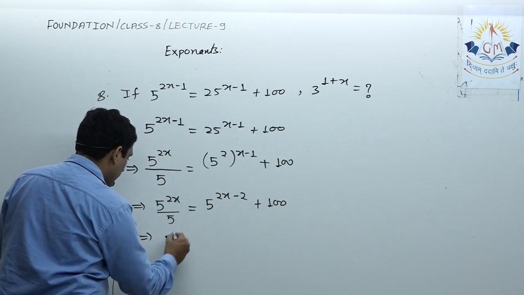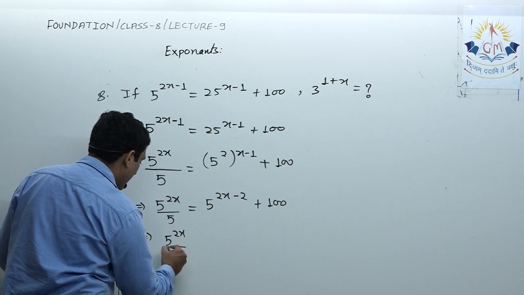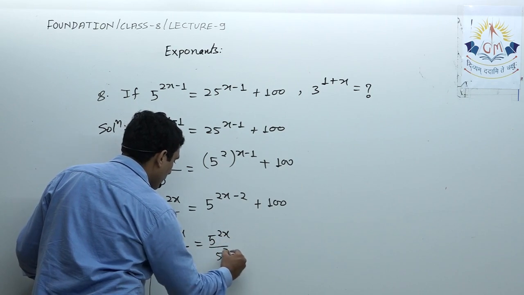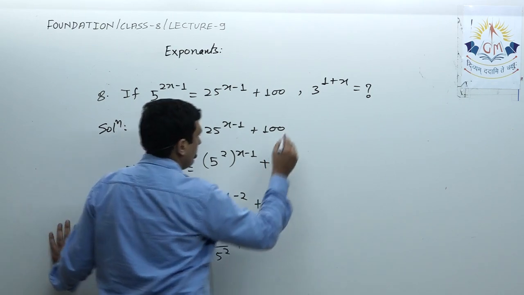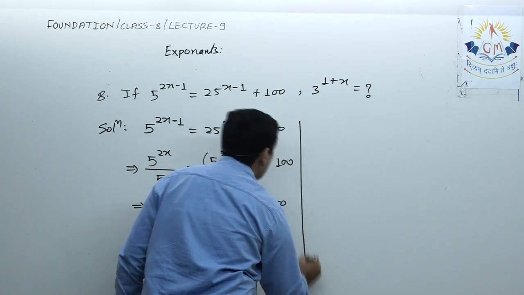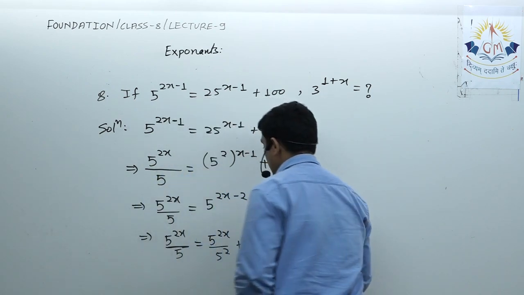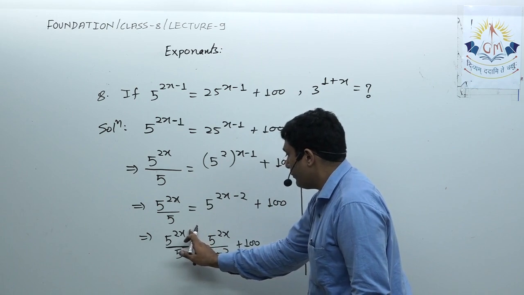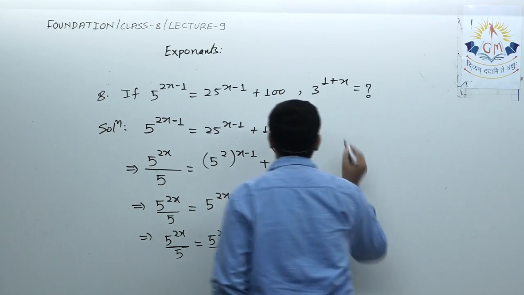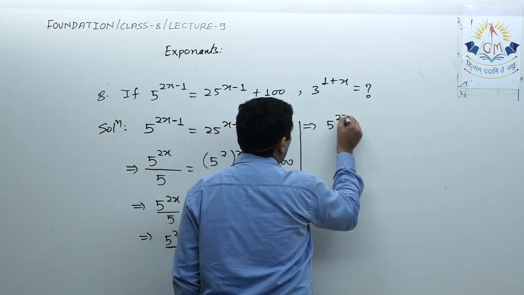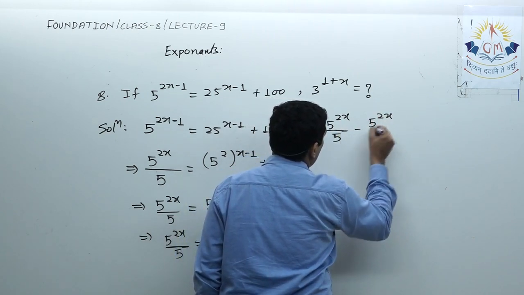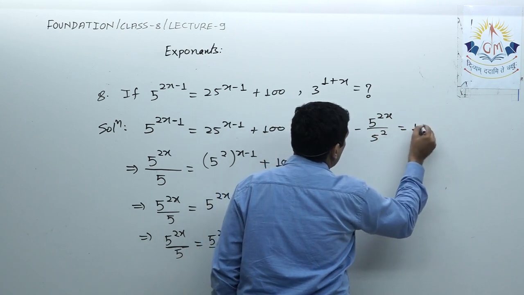So this is 5 raised to 2x upon 5 is equal to 5 raised to 2x upon 5 square plus 100. Okay, anyhow I need the value of x to get the value of the required expression. Now see, this is 5 raised to 2x upon 5, this is 5 raised to 2x upon 5 square, that means 25. So next step, 5 raised to 2x upon 5 minus 5 raised to 2x upon 5 square is equal to 100.